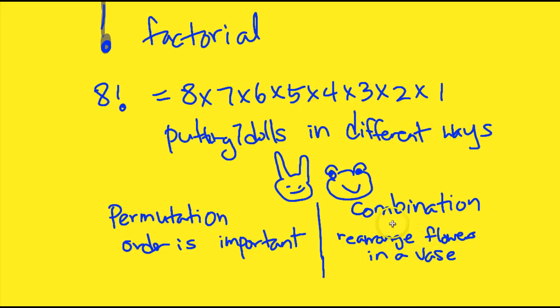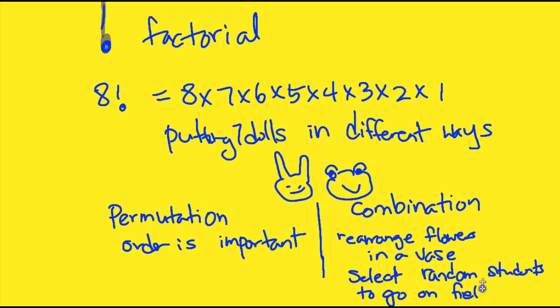Or for example, Miss Choi is selecting random students to go on a field trip. The order doesn't matter because whether you are selected first or last, you're still going to the field trip. It doesn't really matter, right?